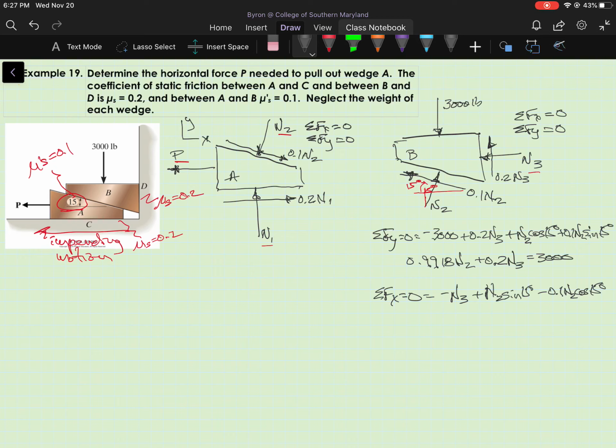Now these can be a little tedious with the unknowns and the angles. You just have to work your way through it. So I'll simplify that and I'll get 0.1622 n sub 2 minus n sub 3 equals 0.